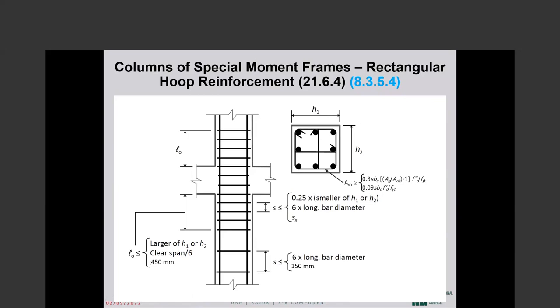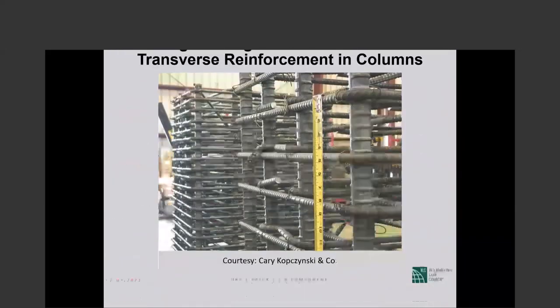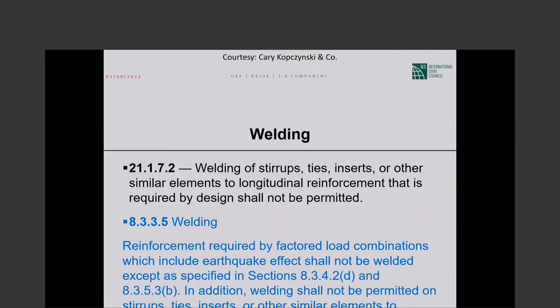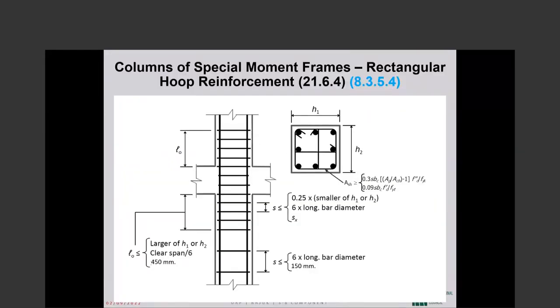That will come up later when we go to column detailing. To cut a long story short, that maximum spacing usually is about 4 inches, 100 millimeters, which is quite tight.